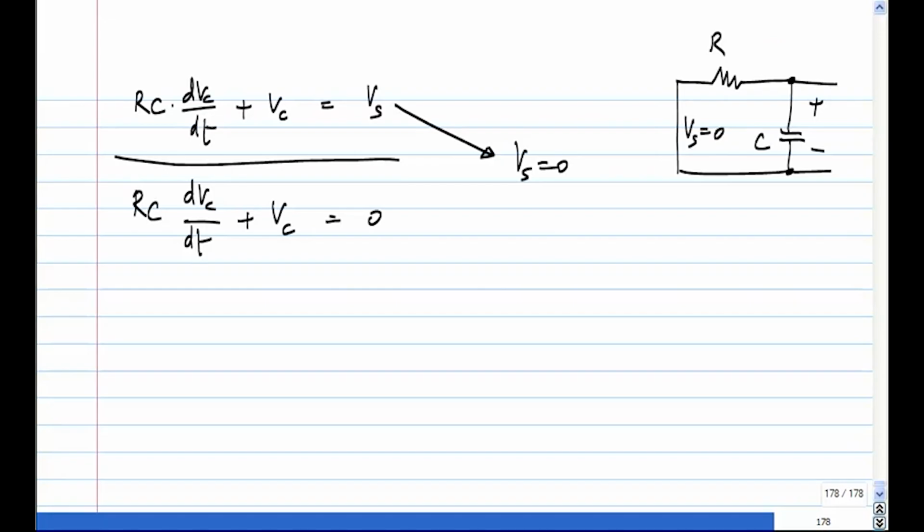If VC were to be some other value, then what happens? There are many ways we can think about this. First, let's say this was some 5 volts or something.